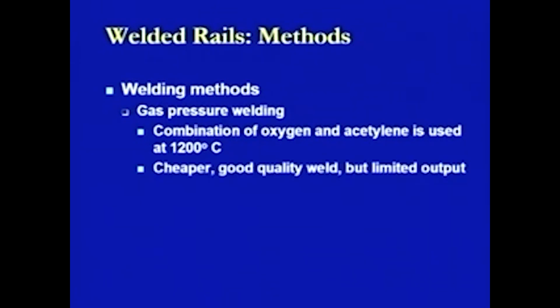So, this is what is done in gas pressure welding. This is one of the cheaper ways of welding, and it also results in good quality of weld, but what is observed is that only limited outputs are available in our conditions.